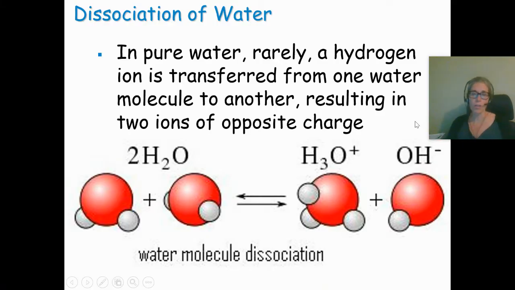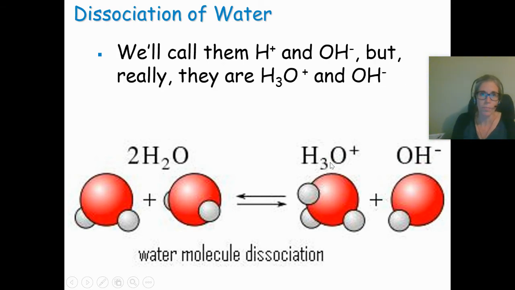So in pure water, very rarely, a hydrogen ion is transferred from one molecule to another, resulting in these two ions of opposite charge. You've got the hydroxide ion that's negative and the hydronium ion that's positive. I'll usually just write this as an H plus, just a hydrogen ion, for ease. So we'll call them H plus and OH, but really they're usually H3O and OH.